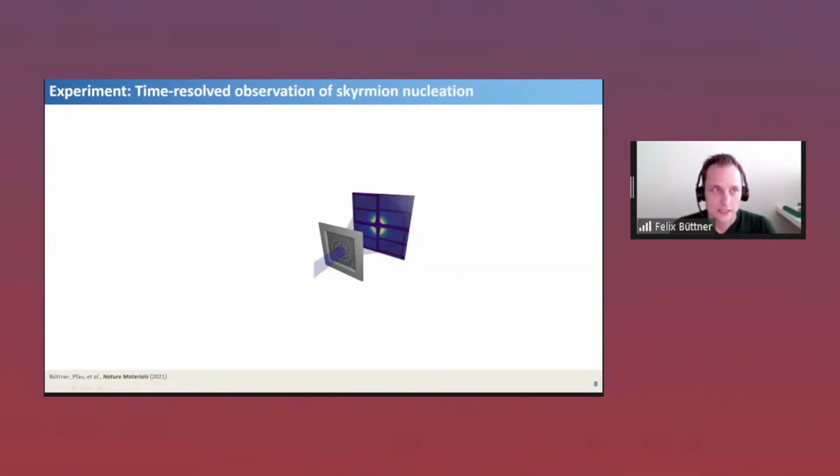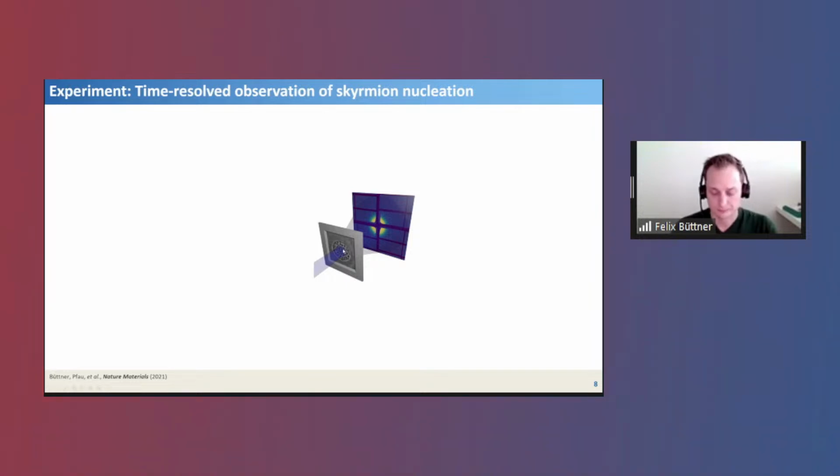And if we look at the time scale of this, we can actually do that at the European Free Electron Laser, and the experiment is like that. We put our sample into the X-ray beam. We initially start with a sample that is saturated, then expose it to a laser pulse, and then to an X-ray pulse. The X-ray pulse is then scattered from this resulting state and detected on a detector in the far field, thereby recording the Fourier transform of the magnetic pattern.